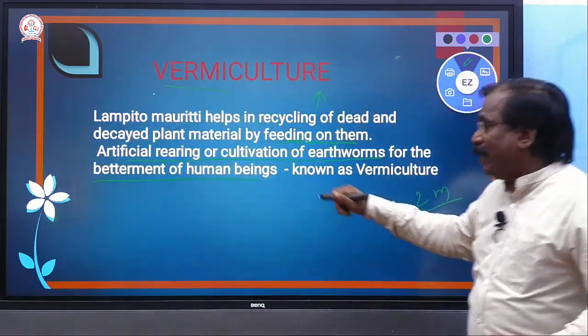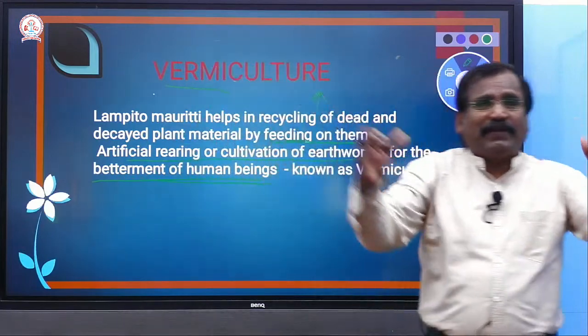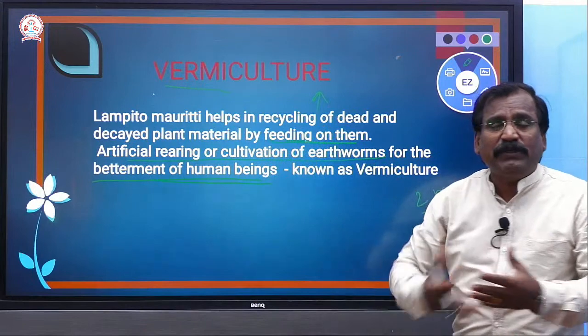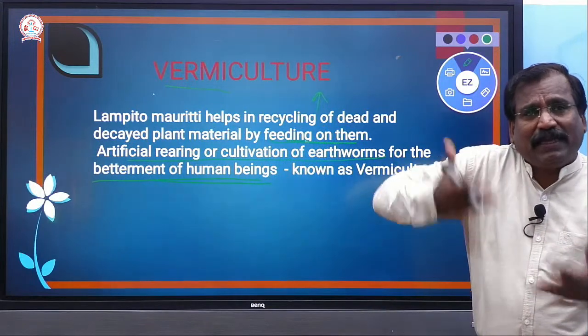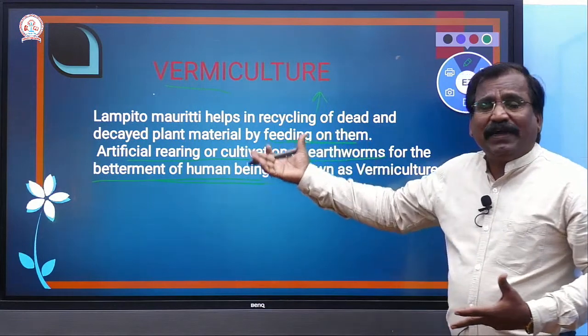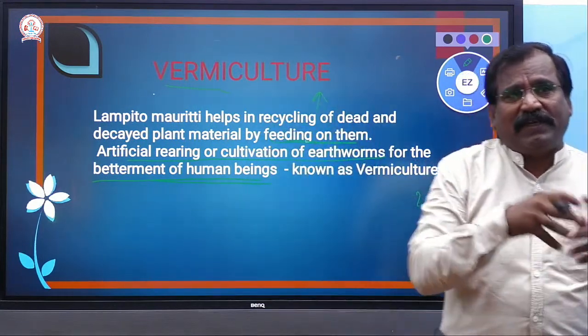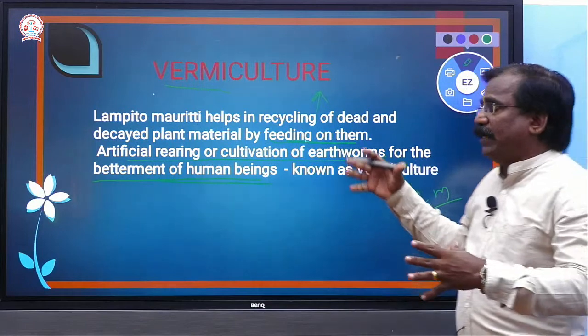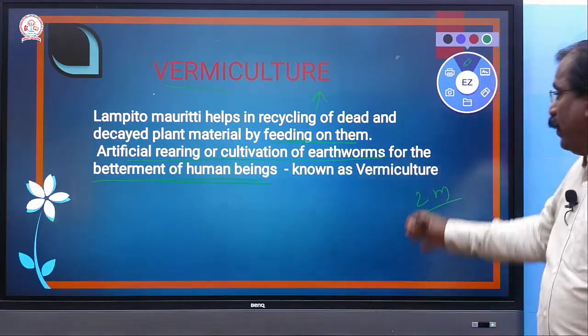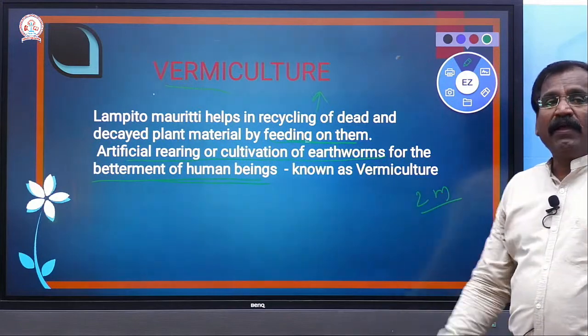What is vermiculture? For the betterment of human beings, we culture the earthworms, not naturally but by artificial means, and by using that we convert the dead and decayed plant material into useful manure. That is called vermiculture. Do you understand?